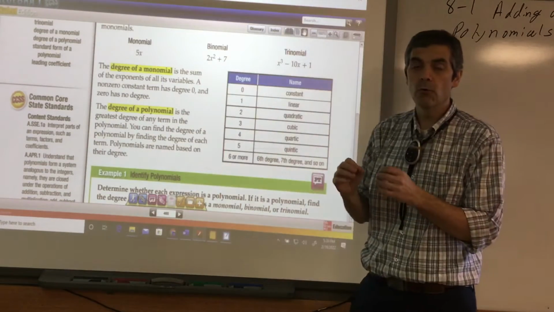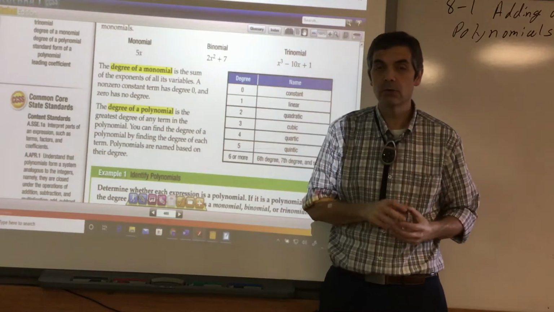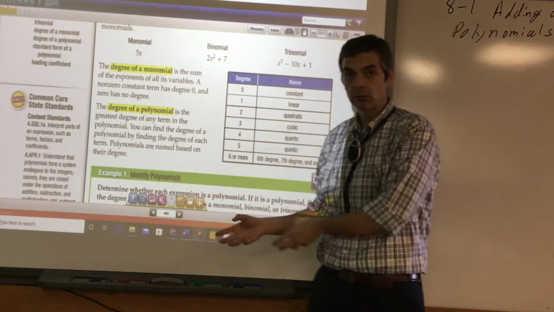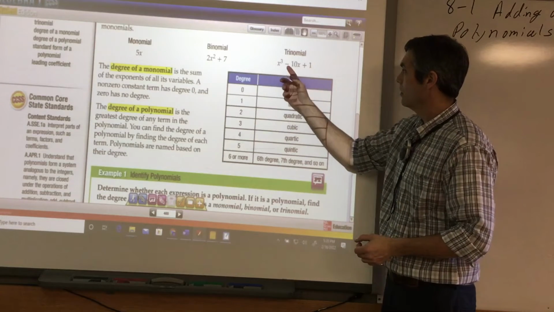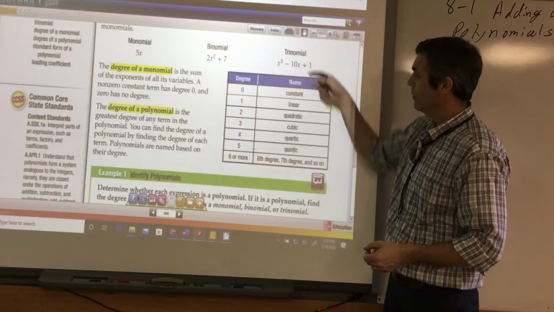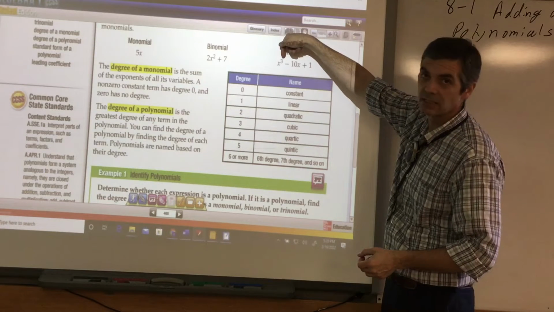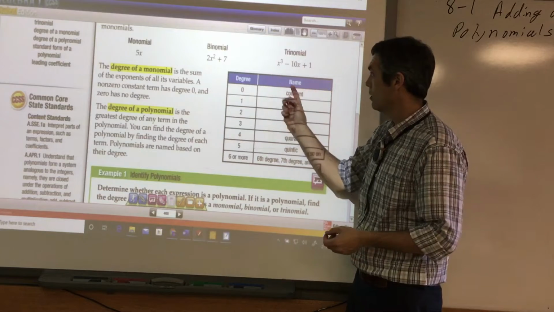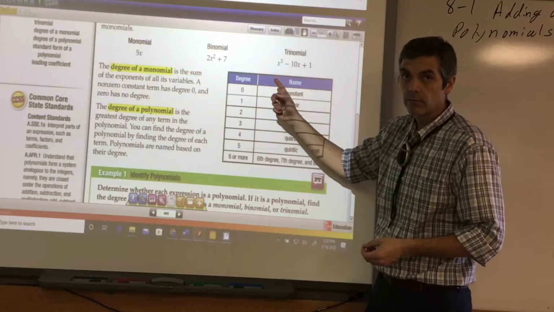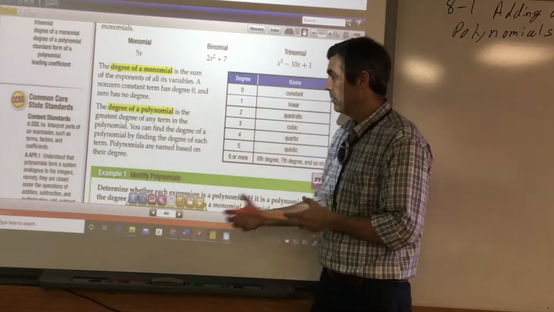You're looking for the term with the highest degree, and that's the degree of the polynomial. Like up here, you have x to the third minus 10x plus 1. This term has the highest degree because it has an exponent of 3. So the degree of this trinomial is 3.